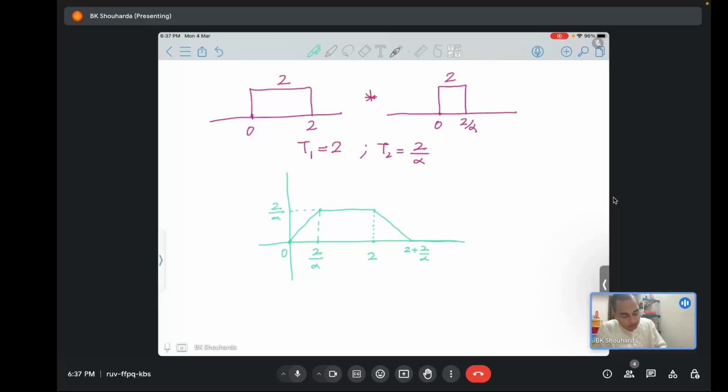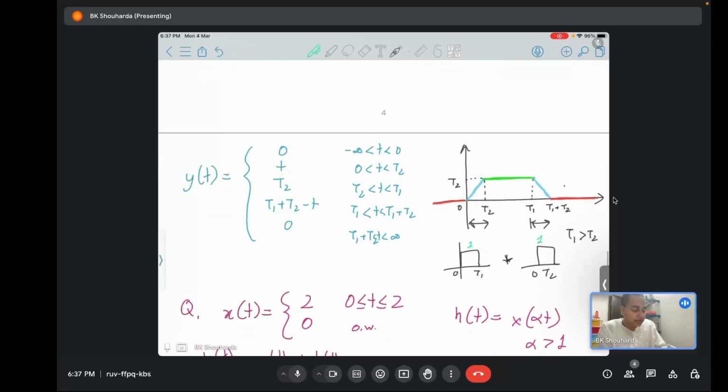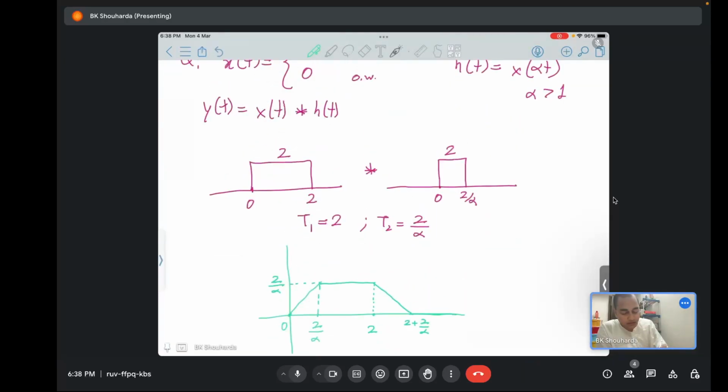But look over here. These pulses were assumed to have amplitude 1. Here we have 2, here we have 2. So 2 times 2, that's 4.